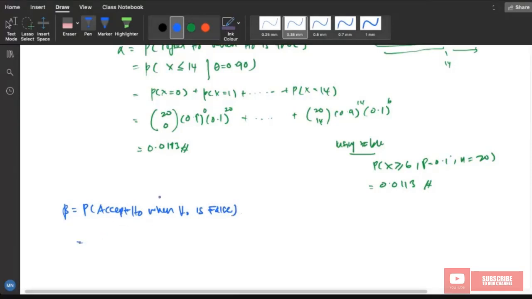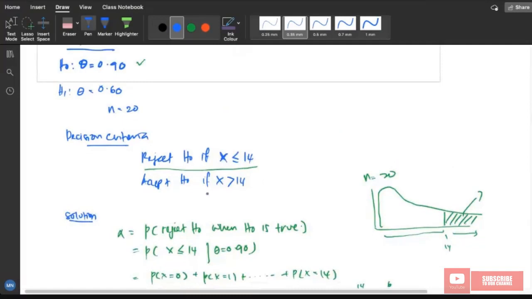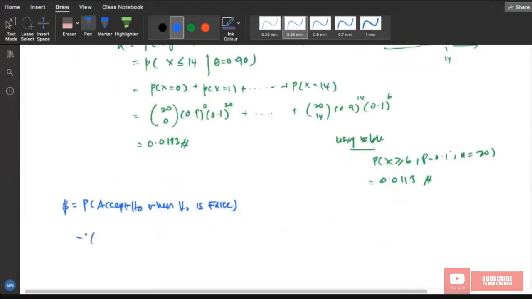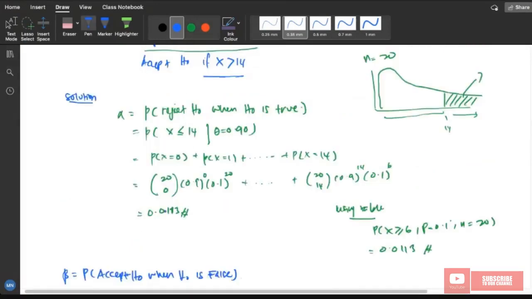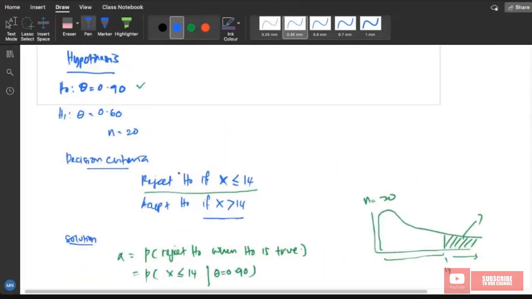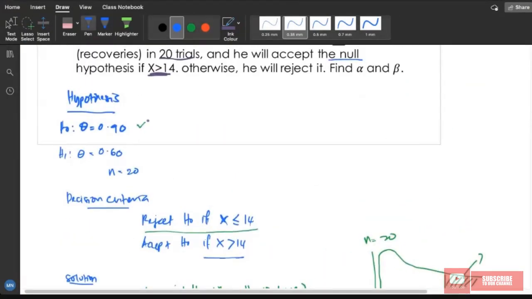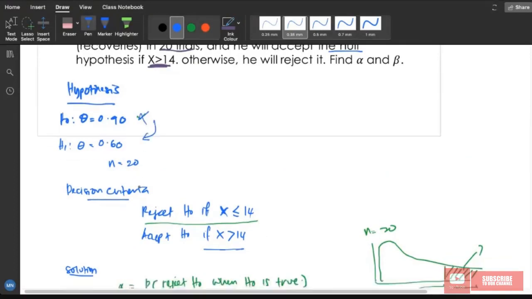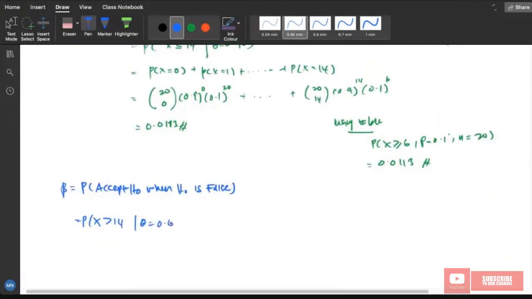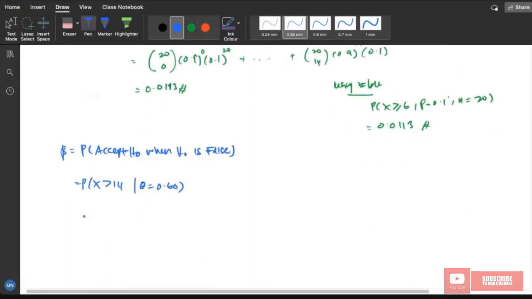So it means that if we want to accept the null hypothesis, x is more than 14, so probability of x more than 14, right? And the null hypothesis is false, so theta should be 0.60. To find this, you can use manual calculation again, or you can use a table.